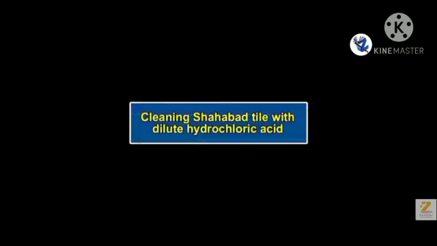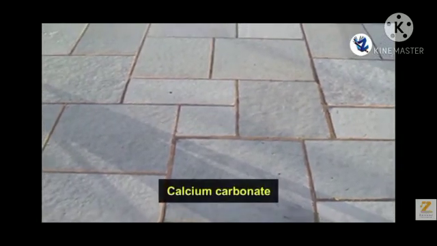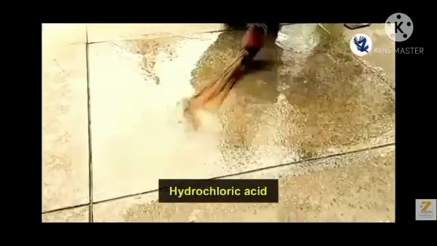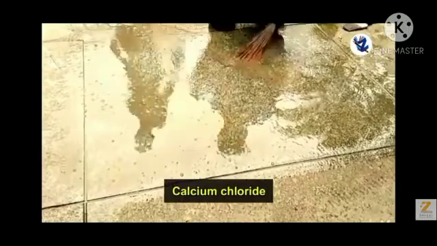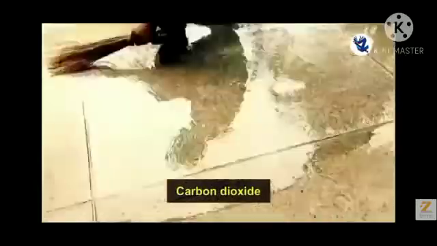Then cleaning Shahabad tile with dilute hydrochloric acid. The chemical composition of Shahabad tile is calcium carbonate. During its cleaning with hydrochloric acid, the upper layer of the tile reacts with hydrochloric acid and three products are formed. First, calcium chloride, which, being soluble in water, gets washed away with water. Second, carbon dioxide, whose bubbles mix up in air.